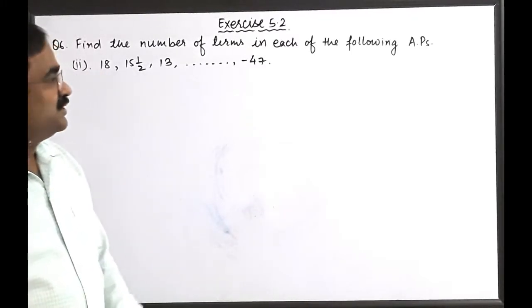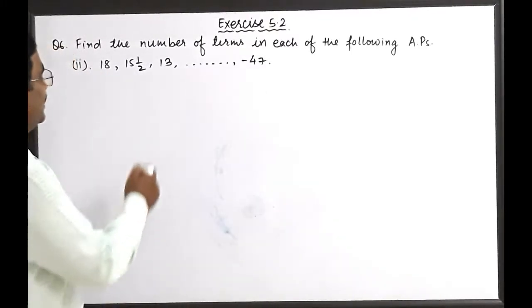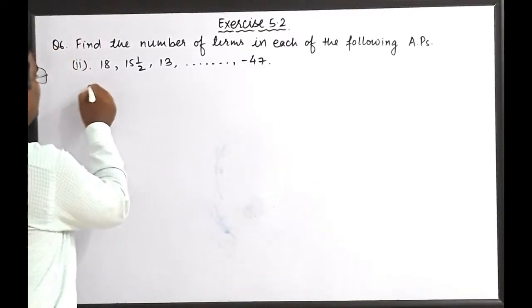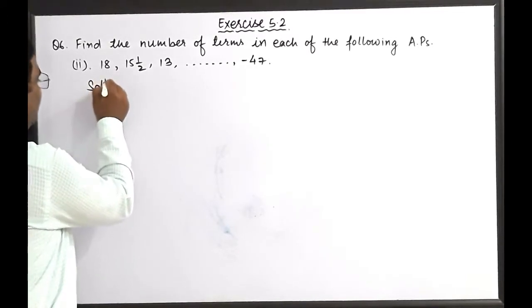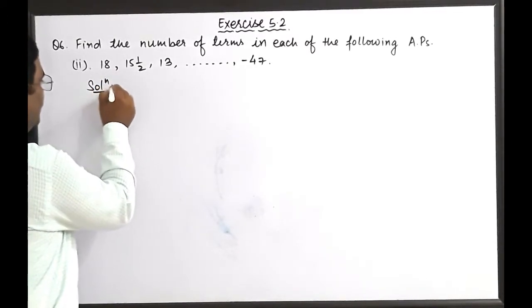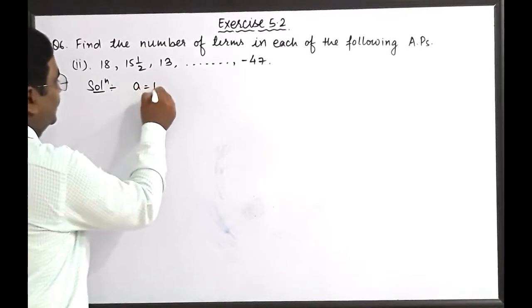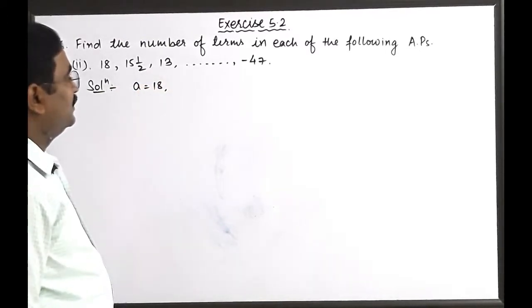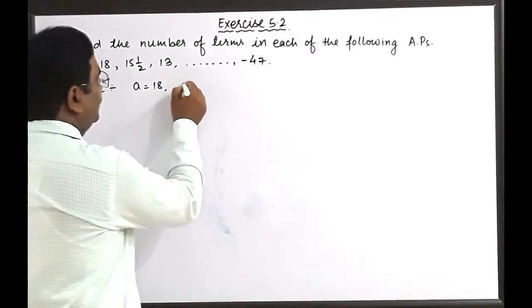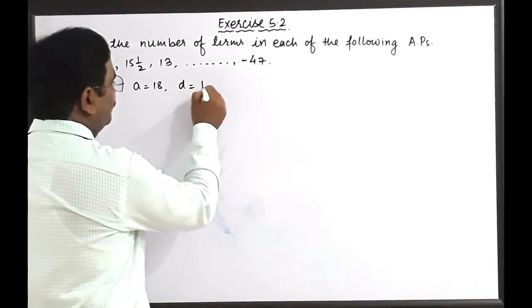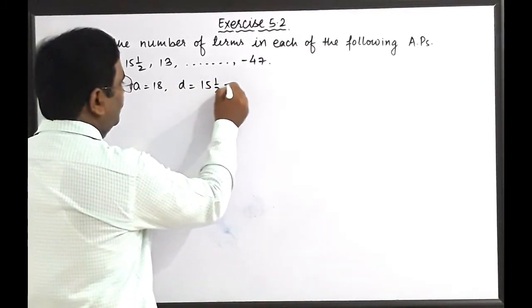Okay, so the first term is given, is 18. Common difference d is equal to 15 and a half minus 18.